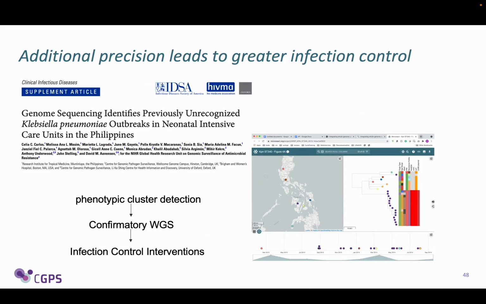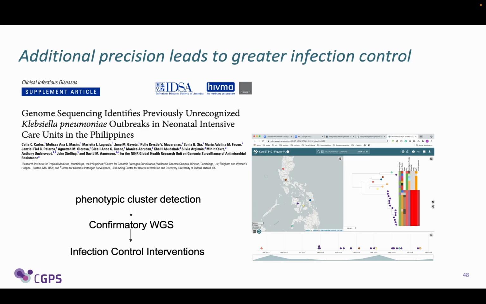And one of the things that the Philippines have done is that they've implemented a combined approach called Spot and Stop, which utilizes all the phenotypic profiles from all of the sentinel sites and then clusters and looks for patterns that look like they are outbreaks. Those outbreaks are then confirmed with whole genome sequencing. If you have a cluster of phenotypes, it's not necessarily a particular outbreak.